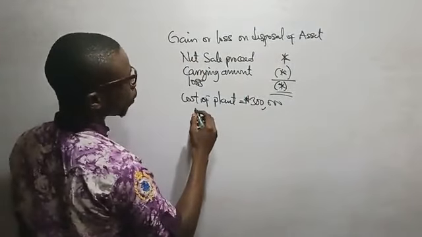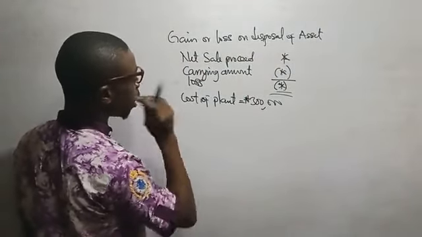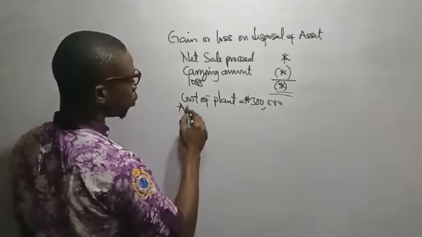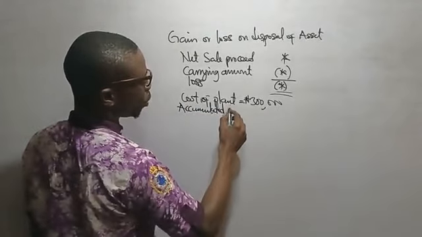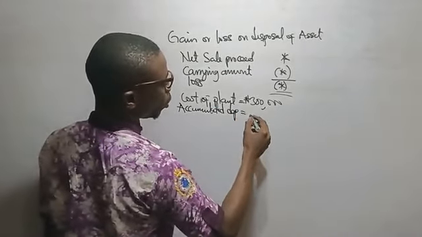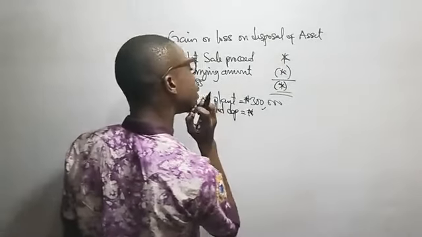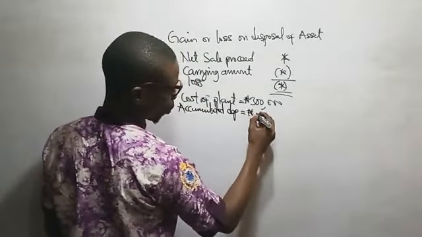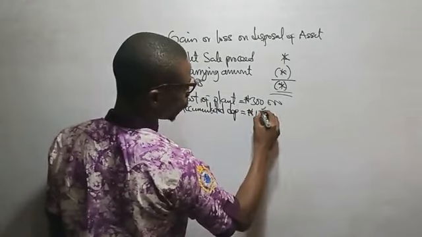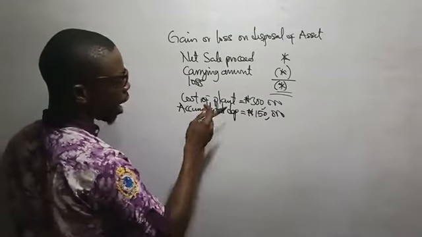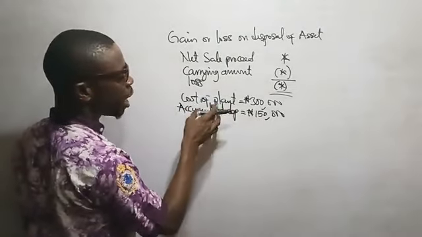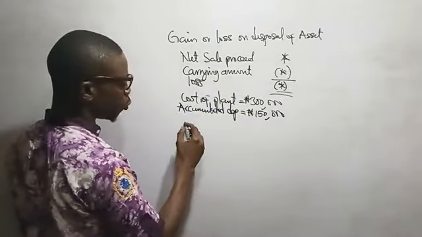Let's say the accumulated depreciation is 150. Now they said the plant is now disposed.